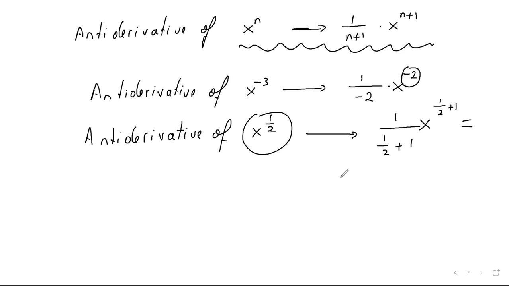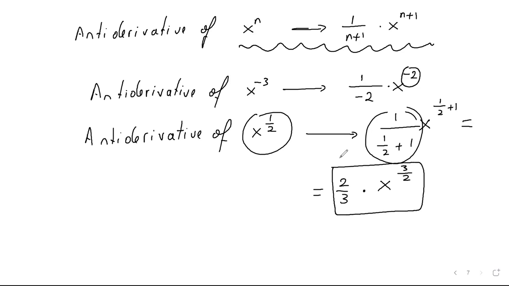Now these numbers simplify a bit: 1/2 plus 1 is 3/2, 1 over that is 2/3, so you flip it over, times x to the 3/2, folks. So this is the result. What people do in practice is calculate the new exponent, simplify it, and then flip it over and put it in front of the function. That is a computational trick to remember quickly how to do antiderivatives like that.